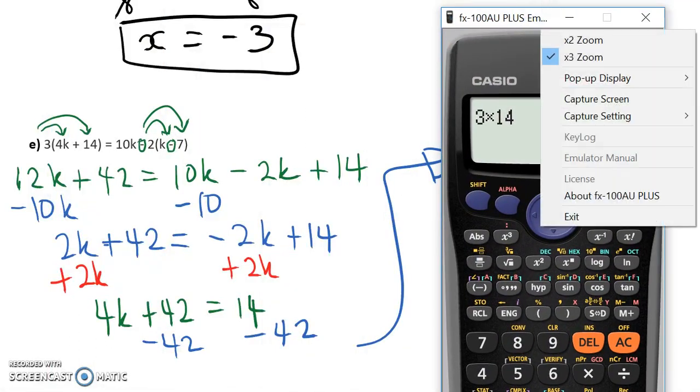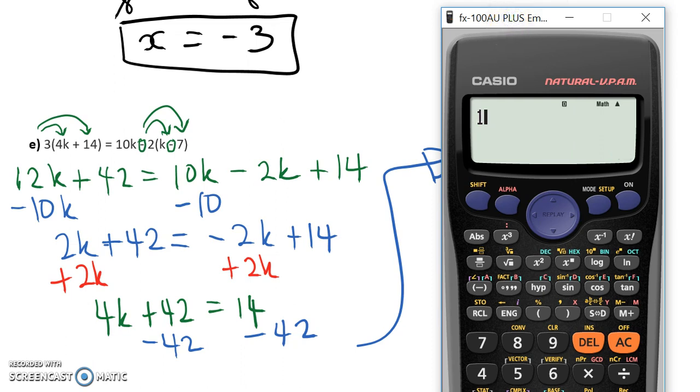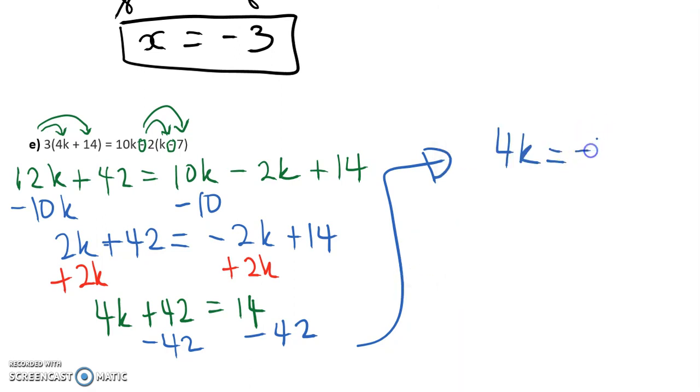I want to do 14 minus 42, which is -28. And so k is going to be equal to -7. What did I do? I divided both sides by 4.